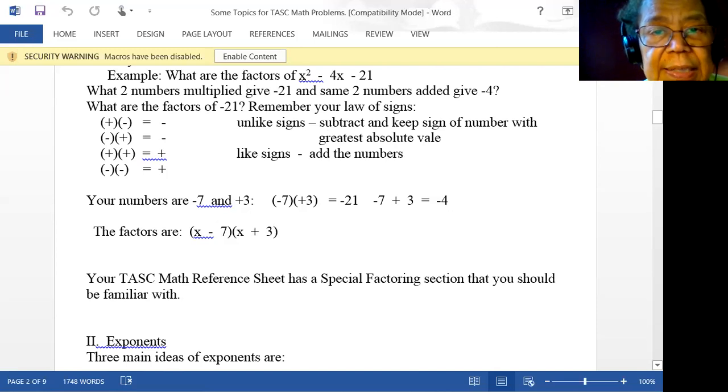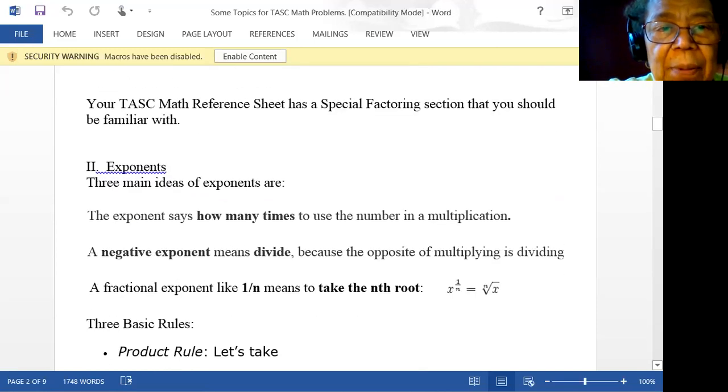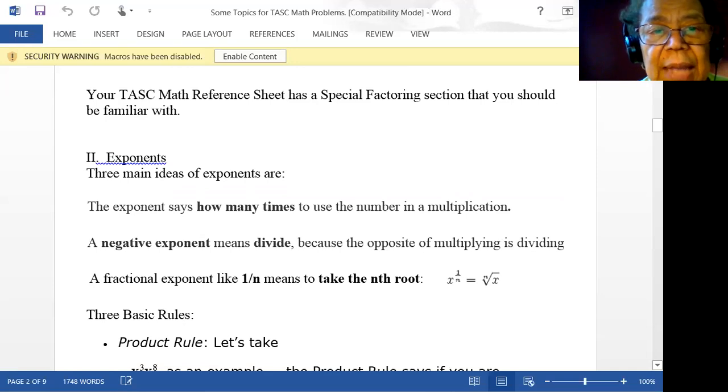Okay, let's look at exponents. You had a problem on exponents. Now, we won't list all the rules, and there are several of them. We'll just list some basic rules and some main ideas. Now, what is an exponent? Sometimes we call it a power. It's how many times you multiply a number in a multiplication. If you say x squared, that means x times x.